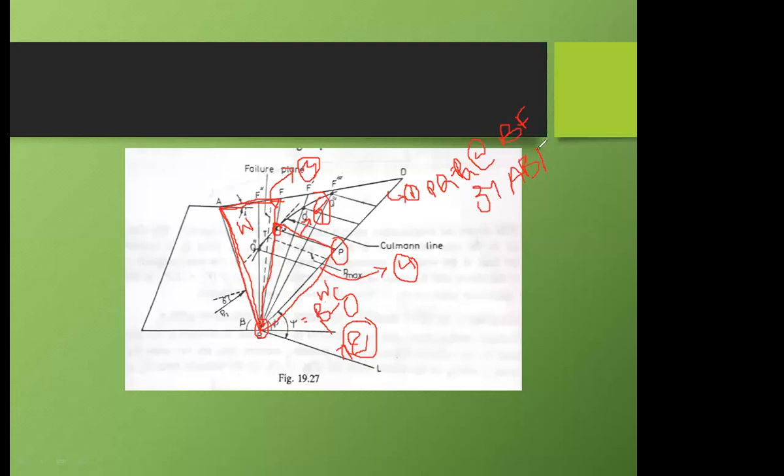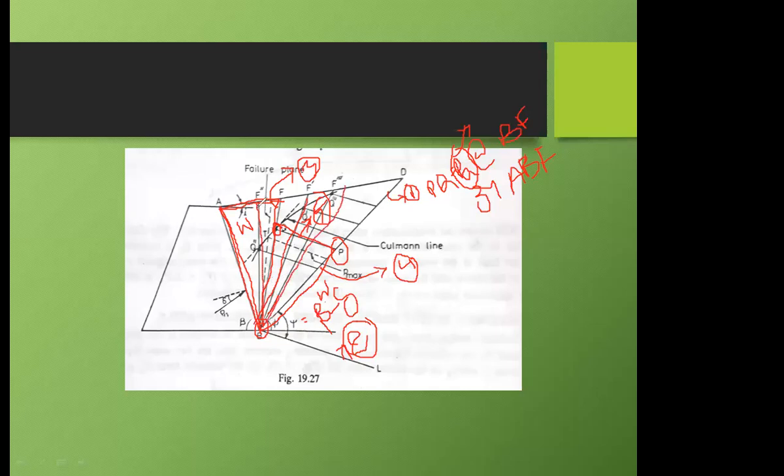As we are saying from the beginning, BF is the assumed failure surface, and you can't consider this as the end. So you need to assume two to three more failure surfaces like this: BF dash, BF double dash and BF triple dash.